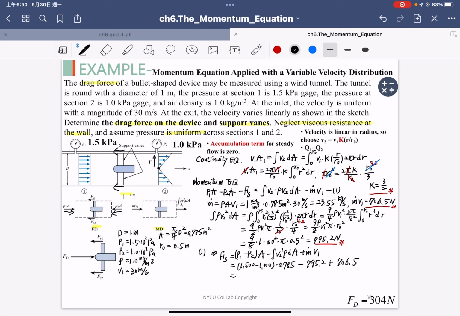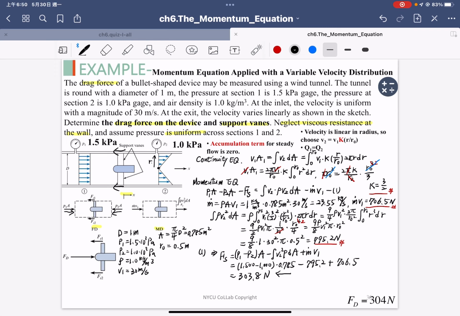Okay, so we can calculate the final answer. The 500 multiplied by 0.785 minus 795.2 plus 706.5. So the supporting force is equal to 303.8 Newton, with the direction to the left.